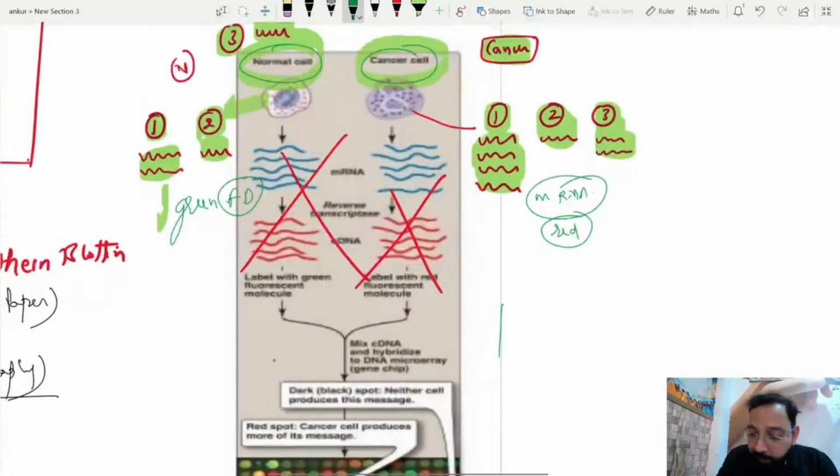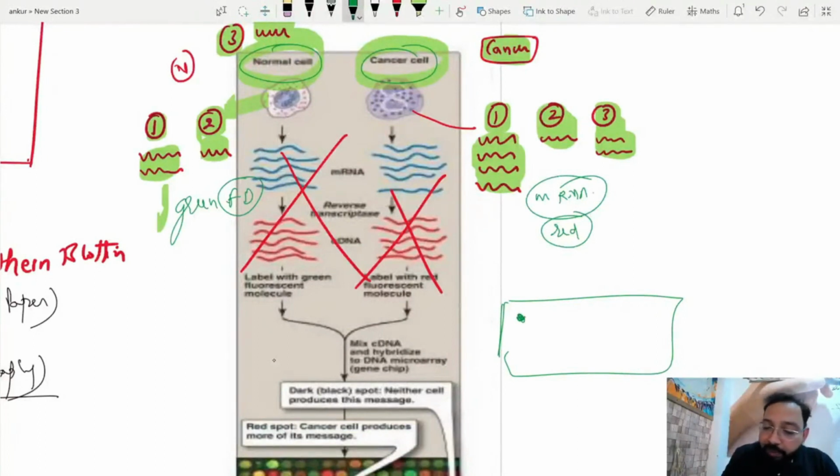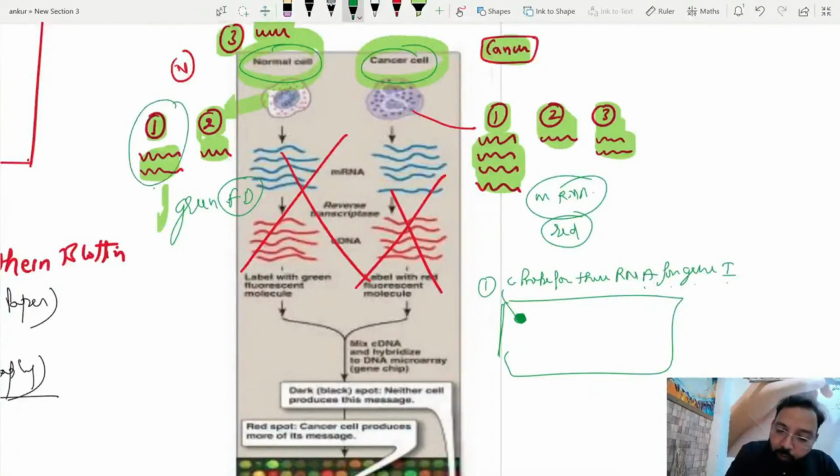I took a DNA chip. On the DNA chip at position 1, I attach a complementary probe for the RNA of gene number 1. At this position, the complementary probe will bind messenger RNA. In the normal cell, 2 messenger RNA will bind.